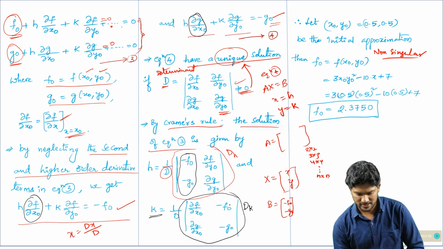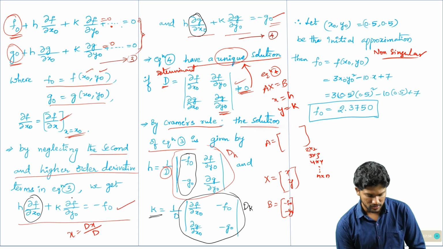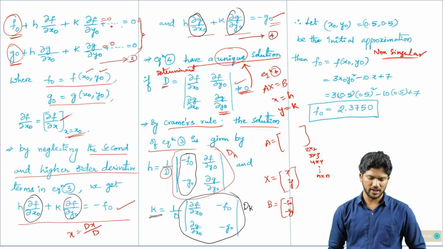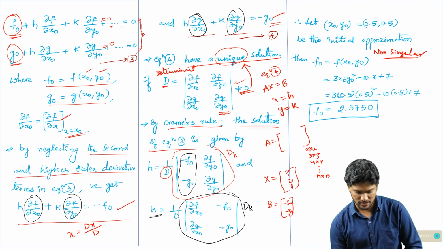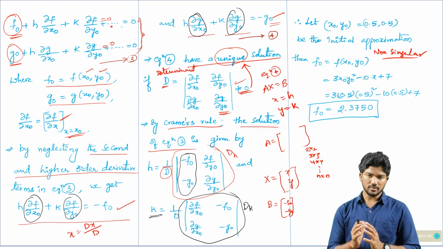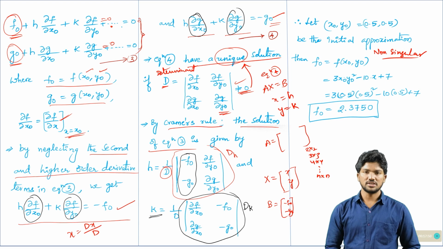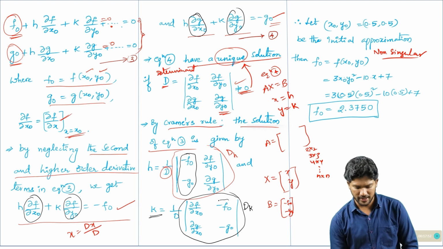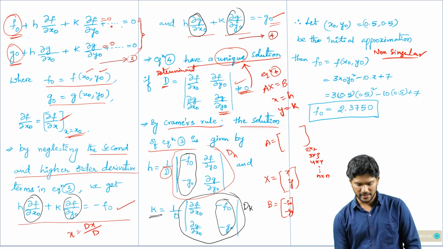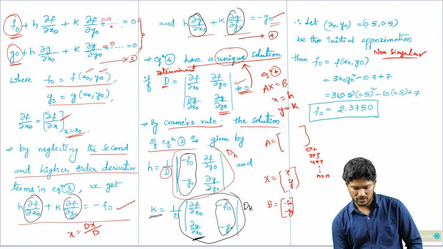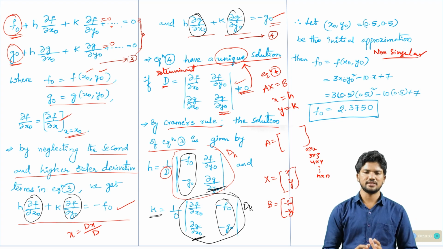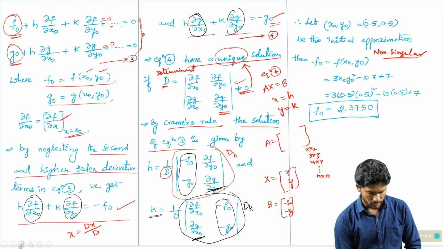With respect to k means you have to replace the k coefficients, dou g by dou x naught and dou g by dou y naught, with the constant matrix f naught and g naught. Then the h coefficients will be the same. That is the method. So listen carefully once again.